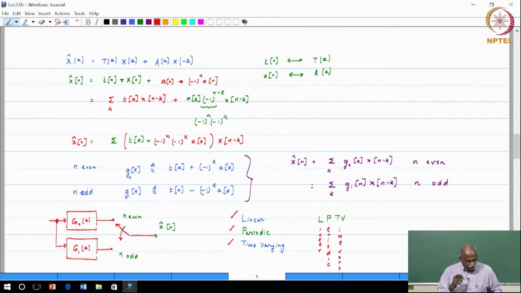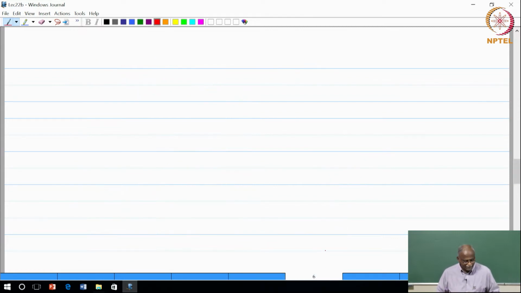Now we go back to our original plan of cancelling aliasing and removing all of the unwanted things. That is our focus for the rest of the lecture. Let us go back and summarize whatever we know about aliasing cancellation.